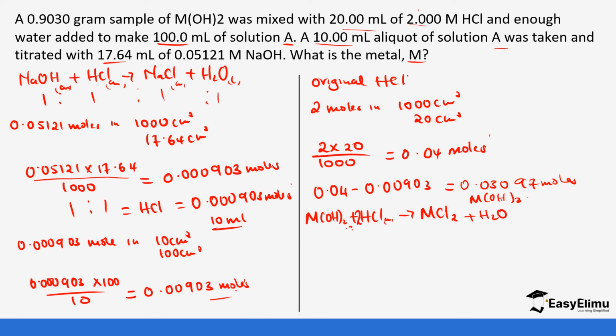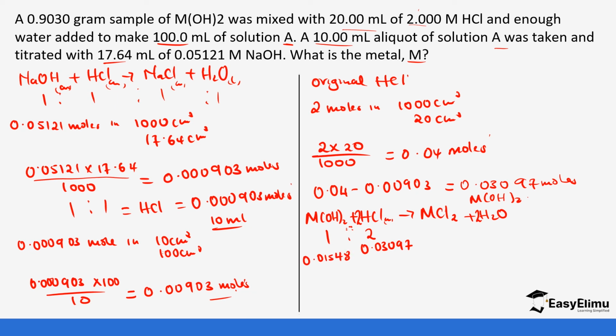So the mole ratio is 1:2. We already have the moles of the acid, which is 0.03097. So the moles of the hydroxide will be, you divide this by 2, you get 0.01548 moles.